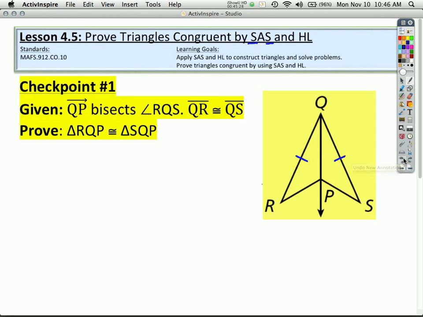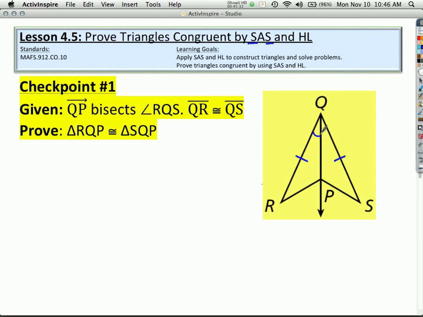Kayla? RQP, we need to show is congruent to SQP. That's the third piece of evidence. That's this right here. So there's something here that helps us, and I already gave you a clue. What leads us to that?